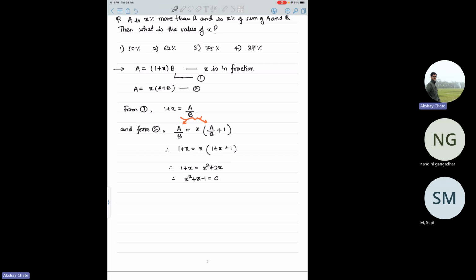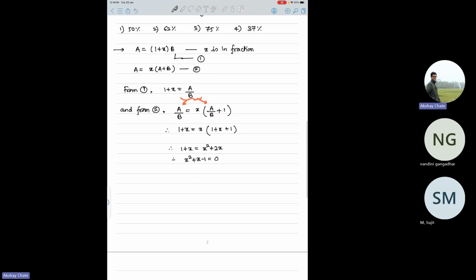Now it's a quadratic equation, so it will have 2 values. You should know that a simple formula is there, right? If you have a quadratic equation of this form, ax square plus bx plus c equal to 0, you can get x as minus b plus minus root of b square minus 4ac, by 2a. We are going to use that.